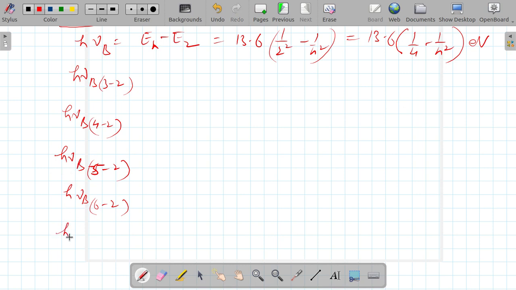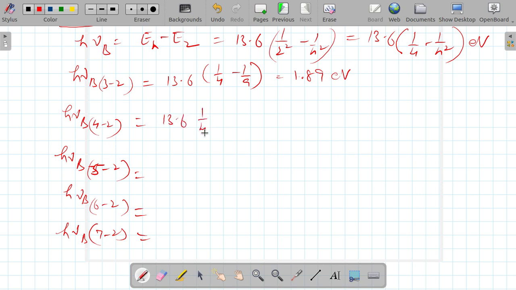So here let me find out the energy of all these. 13.6 by 4 minus 1 by 9. Its value will be 1.89 electron volt.